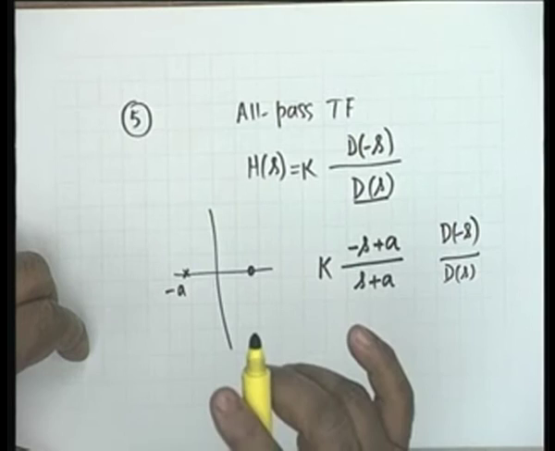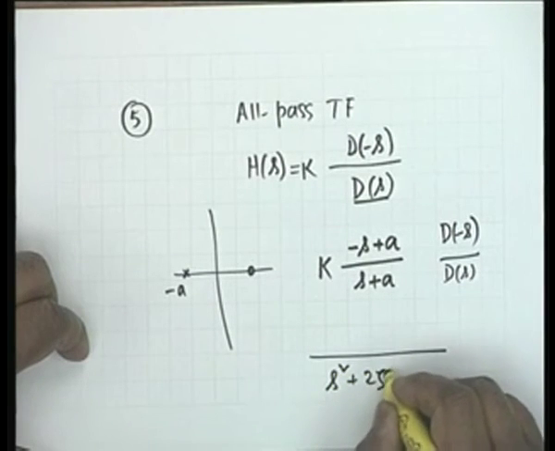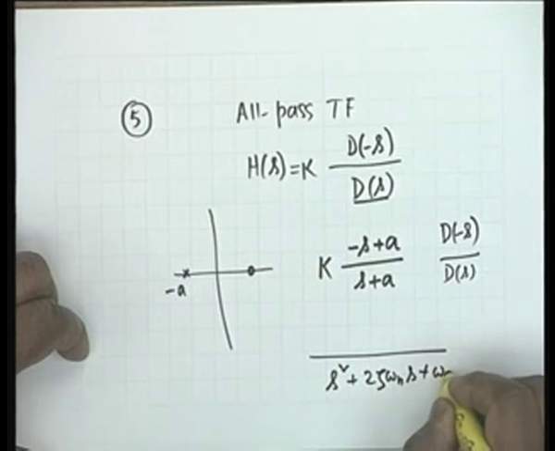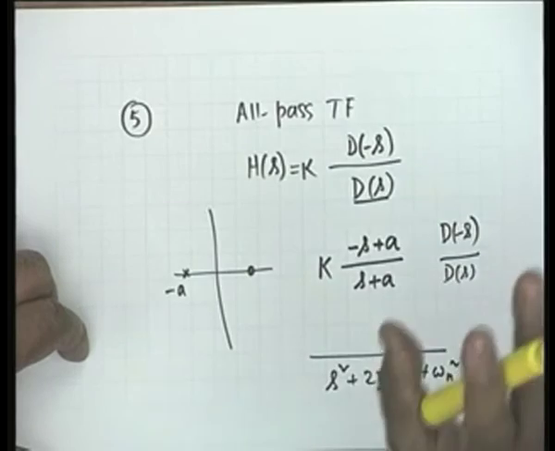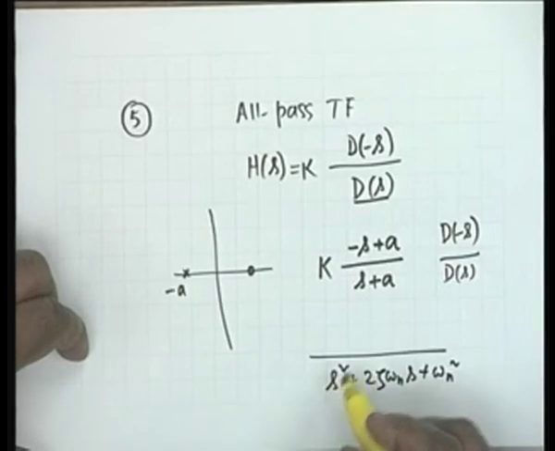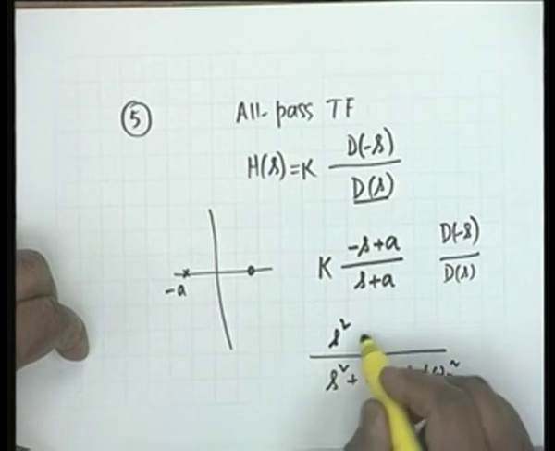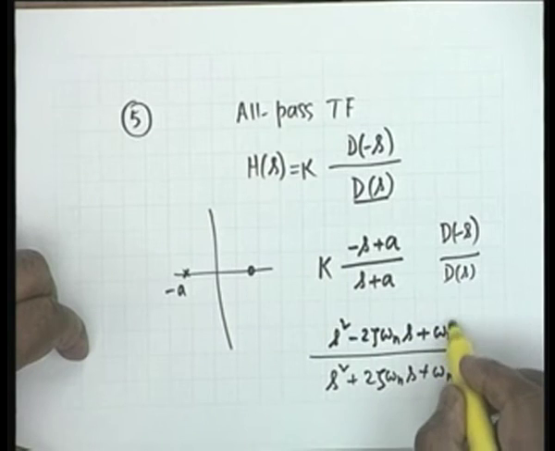It is the same story with regard to second order. Let us say s squared plus twice zeta omega n s plus omega n squared is the denominator and it is an all pass function. Then simply change s to minus s. So, this does not change, but this changes: minus twice zeta omega n s plus omega n squared.